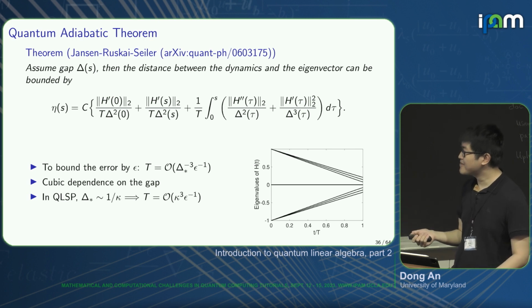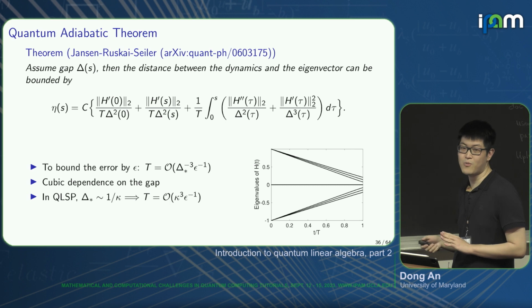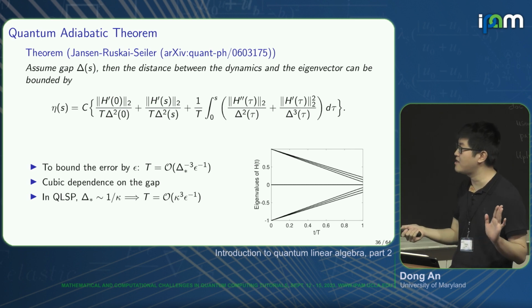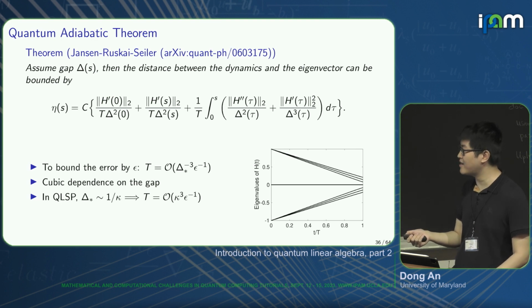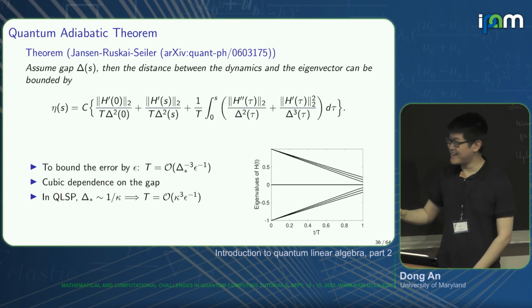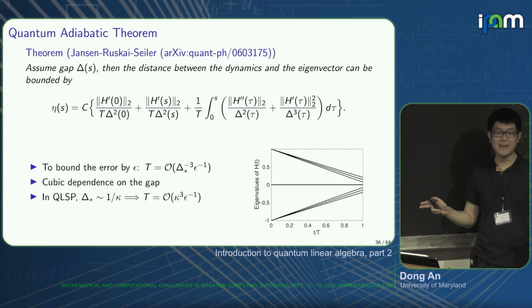This capital T will be something like the gap cube inverse times 1 over epsilon. Remember that if we want to solve the corresponding Schrodinger equation, the Hamiltonian simulation problem, the cost will be linear in this evolution time T. So the overall scaling will be kappa cube over epsilon, which is even worse than the HHL algorithm. So this is a naive implementation of the adiabatic approach.